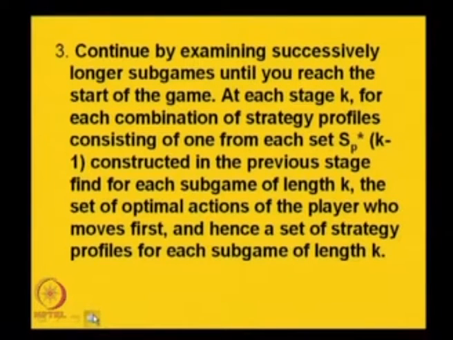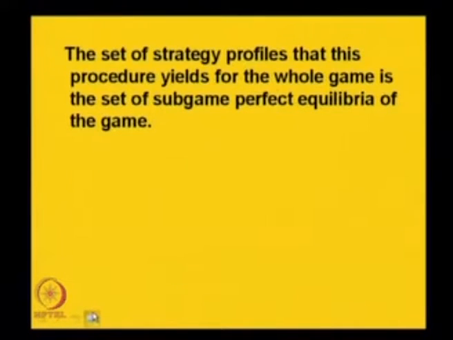So, just stating the induction, if you have found out the optimal strategy profiles of length k minus 1, then you go back to subgames of length k until you reach the start of the game.